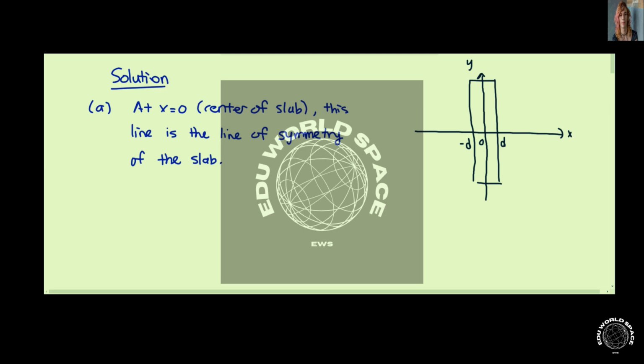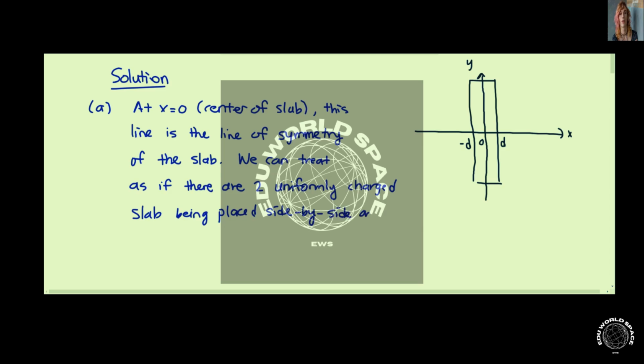We can treat that as if there are two uniformly charged slabs being placed side by side at x equals 0.